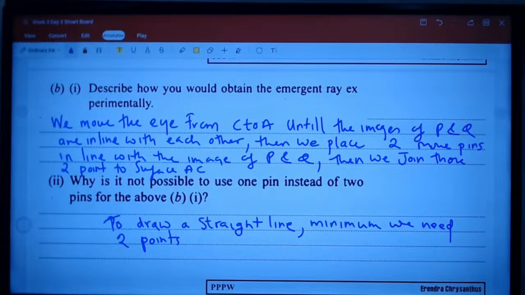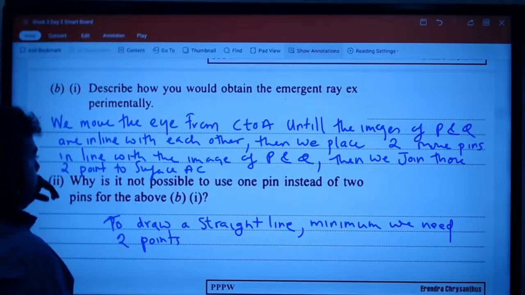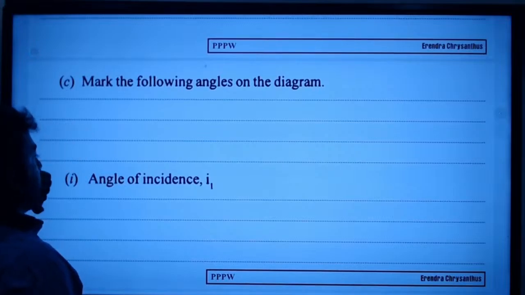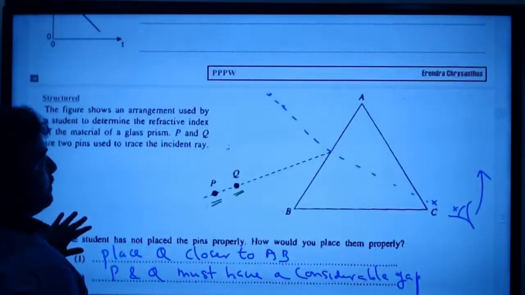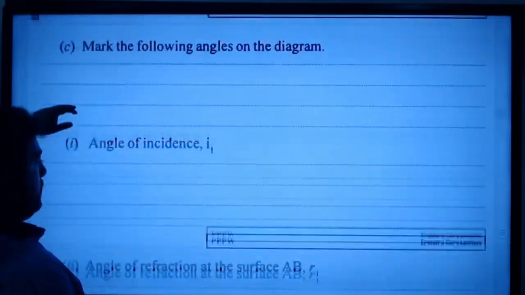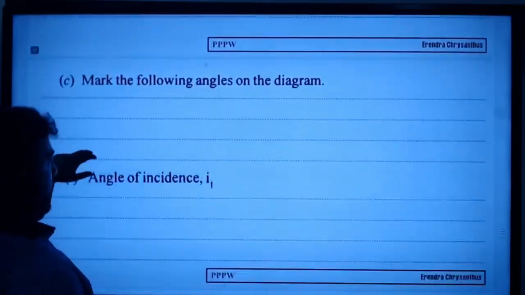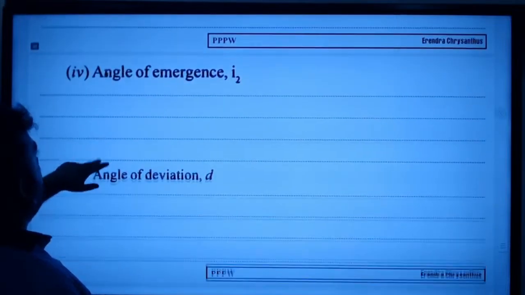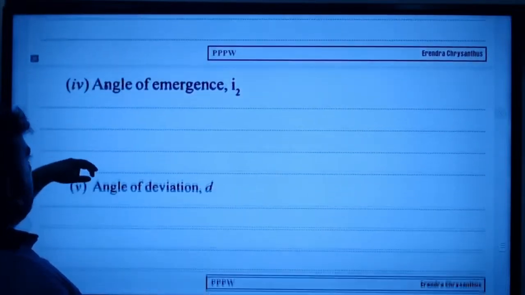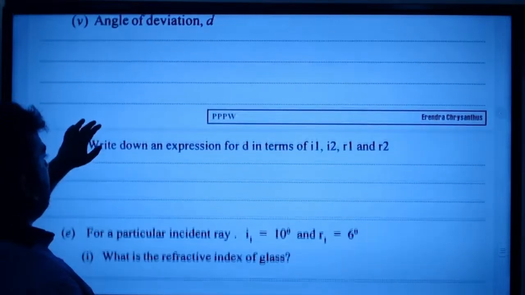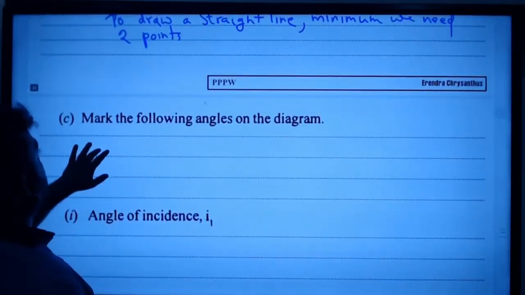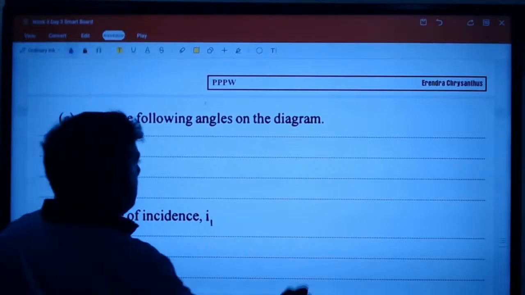Right. Part C. Mark the following angles: angle of incidence I1, refraction, incident, emergent, deviation. Well, best is I'll draw it here, it's easier actually.